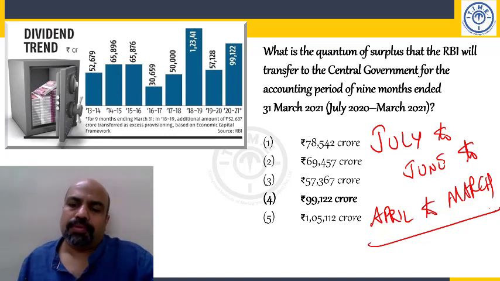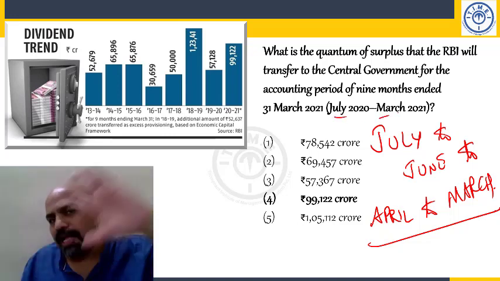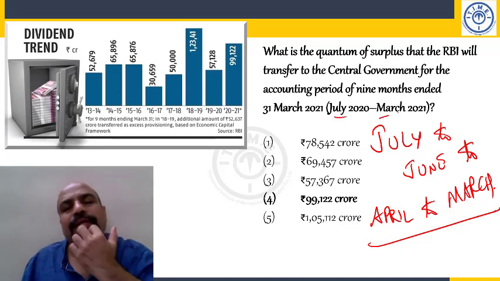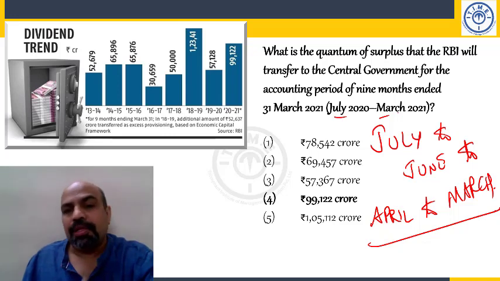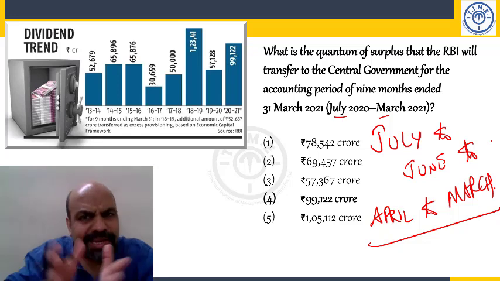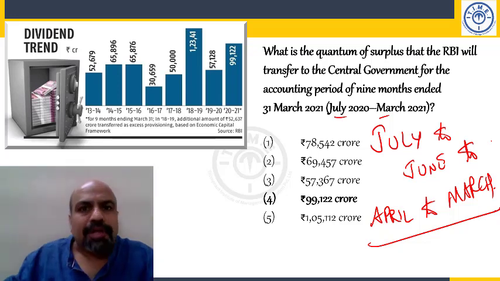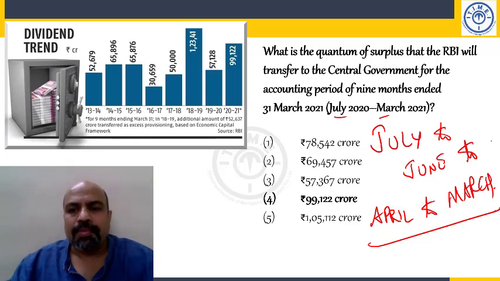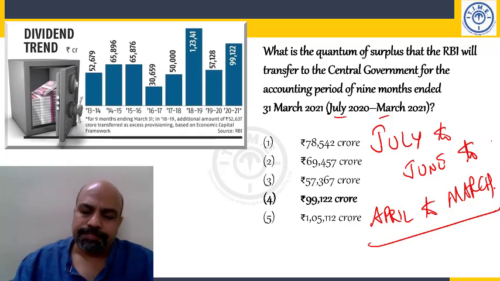Okay. So this year ends in 9 months. So this financial year is the last time that the RBI went with July to June. So from now on, it will be April to March, to align with the financial year of the government of India itself, basically. So that's how things are as of now. Okay.